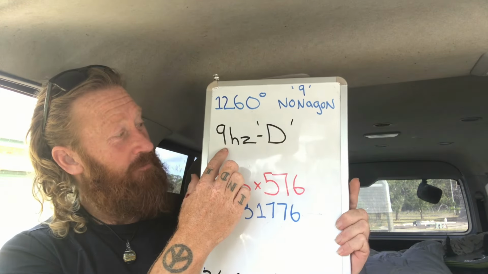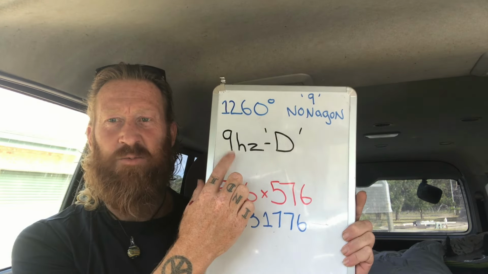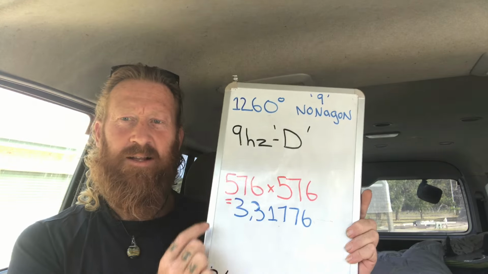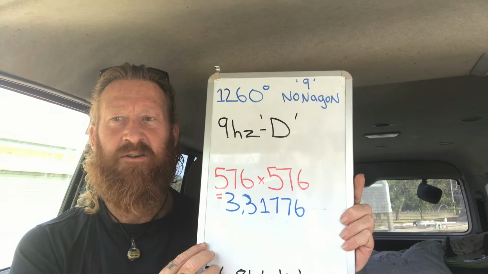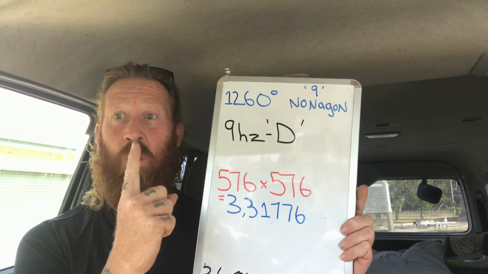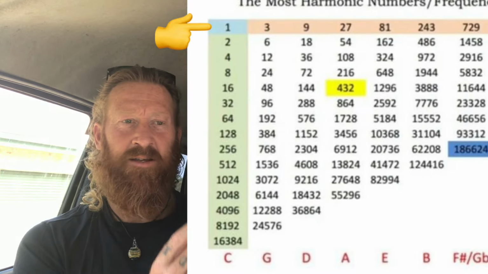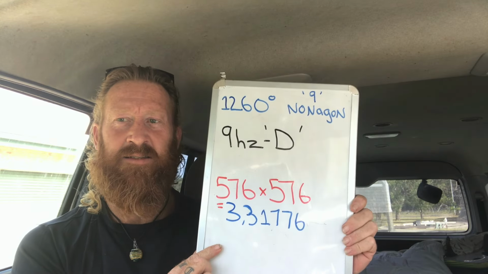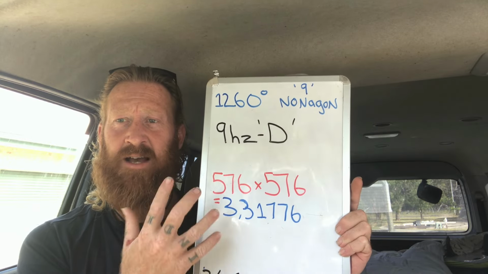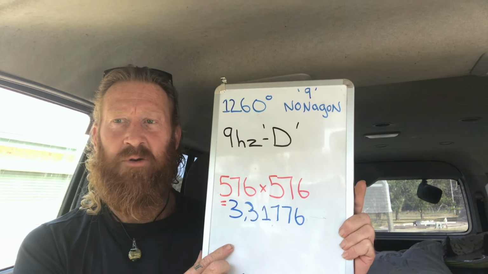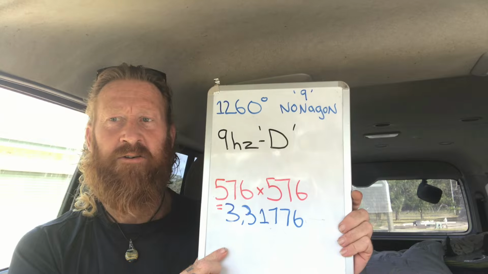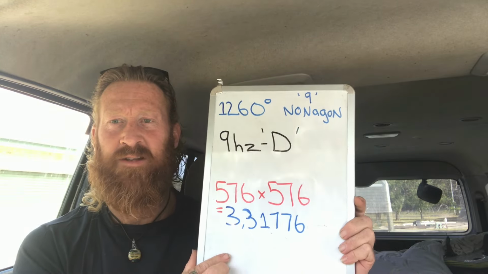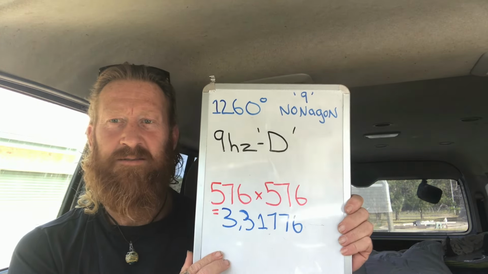From the D column starts with the tonic of 9 hertz, and the entire harmonic series starts from the harmonic of 1. So the C column starts from the tonic of 1 hertz. All of this basically starts from 1 hertz and then doubling and tripling, and we get the harmonic series. So it's all very simple, basic, straightforward stuff without any crazy mathematics.